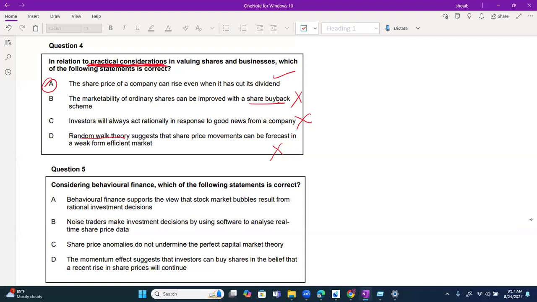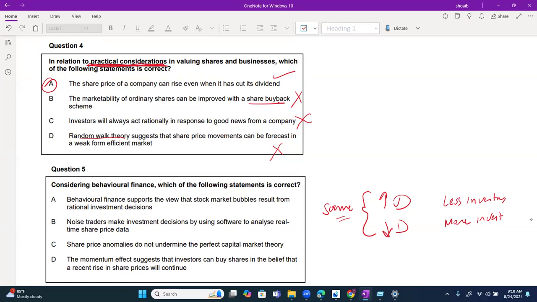Because if you are increasing dividend, you are investing less in the market, and if you are decreasing dividend, you are reinvesting more. So overall, your wealth remains the same. But here the examiner has asked from the practical perspective.